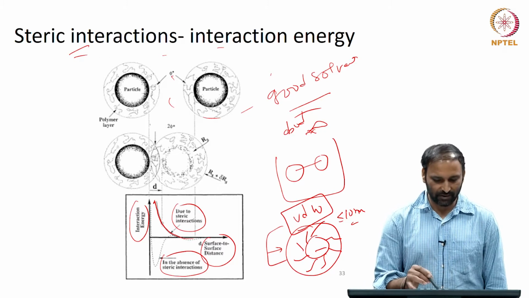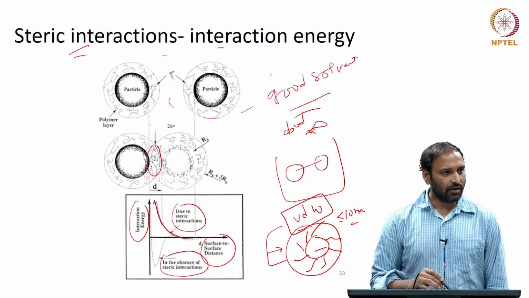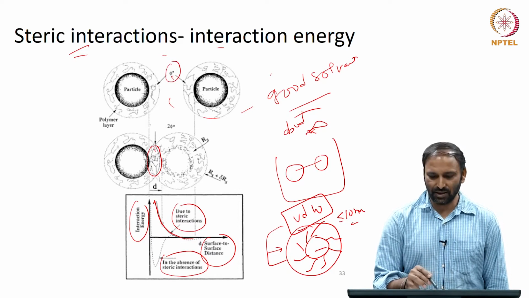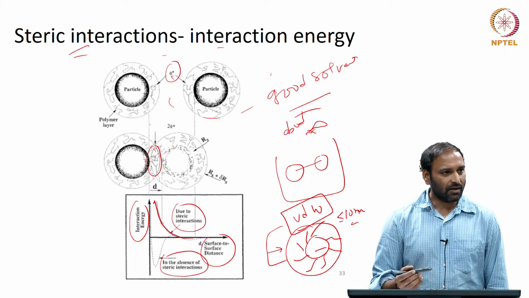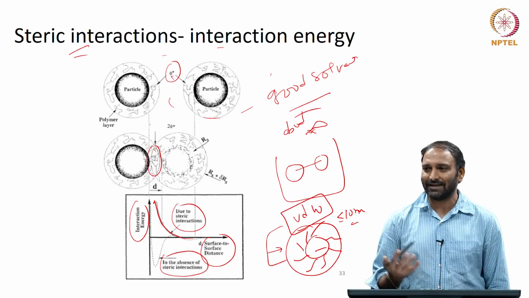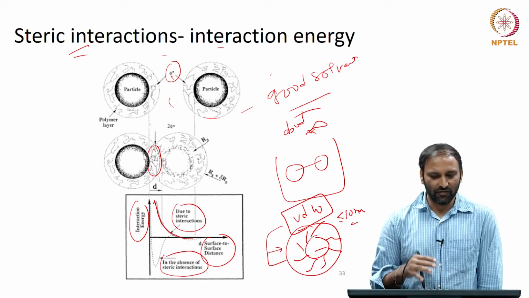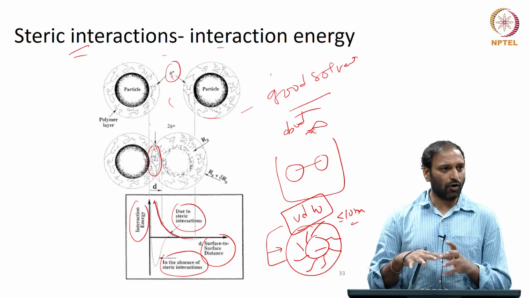So this phi star that is seen here, you can think about this as a grafting density, right? Phi star refers to the concentration of polymer molecules that is attached onto the surface.